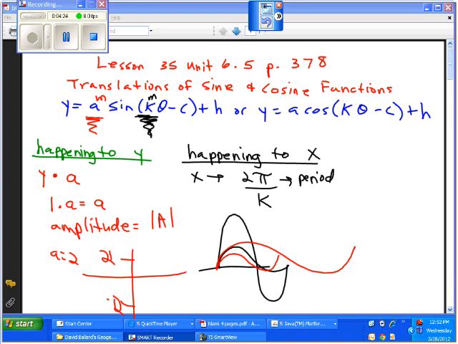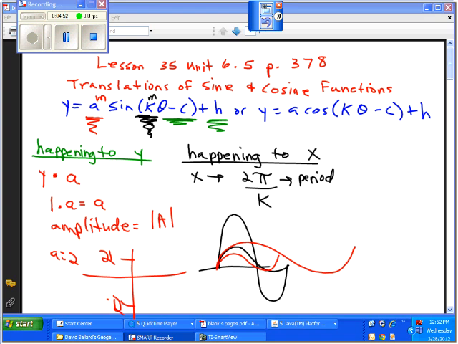When we messed with A and K, we stretched vertically or we stretched horizontally, okay? Because we're multiplying or dividing. Now, when we're messing with the C and the H, those are additions and subtractions. So now we're going to be translating to the left or translating to the right or translating up or translating down.